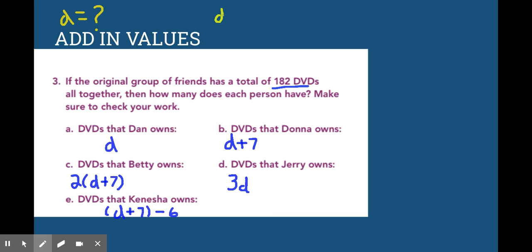Here's how that's going to look. Dan's DVDs, plus Donna's DVDs, which is D plus 7, plus Betty's DVDs, which are 2 times D plus 7, which is 2D plus 7. Don't know why I make that 2 so big.